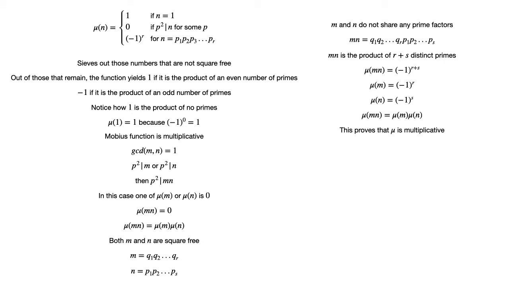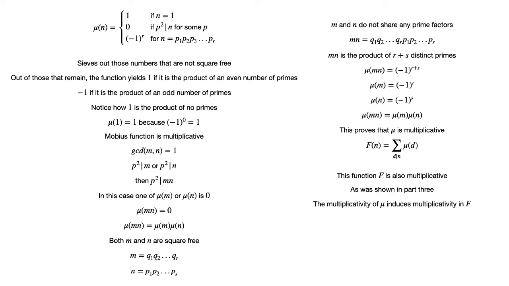The next step, which takes inspiration from the groundwork laid down in part 3, is a key step in leading up to the Mobius inversion formula. We define the function capital F to be the sum of the Mobius function over the divisors of n. Capital F of n equals the sum of mu of d over the divisors of n.